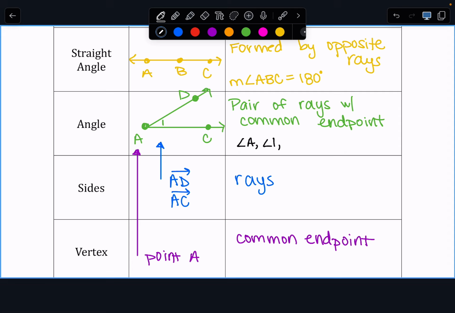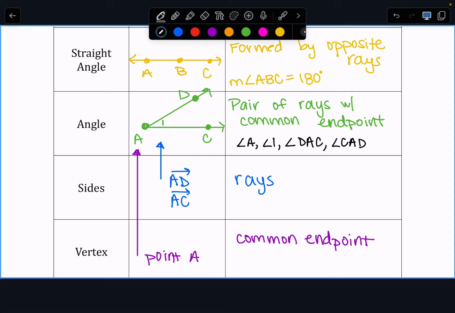If there is more than one angle that has the vertex of A, then we need to pick a point on each of the rays. So we could name this angle DAC, or we can name it angle CAD.